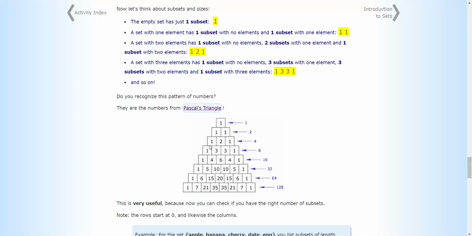Say for example we have a set of 3 elements. When you take single elements of the set, you can only form 1.